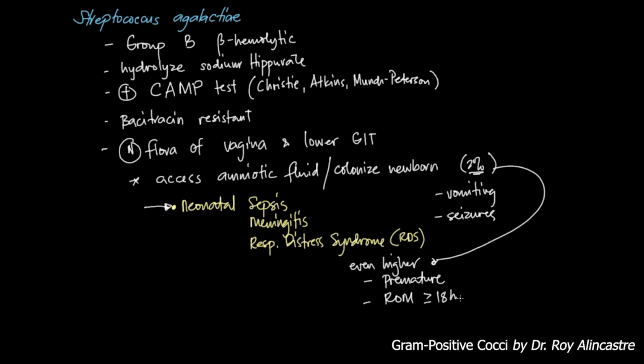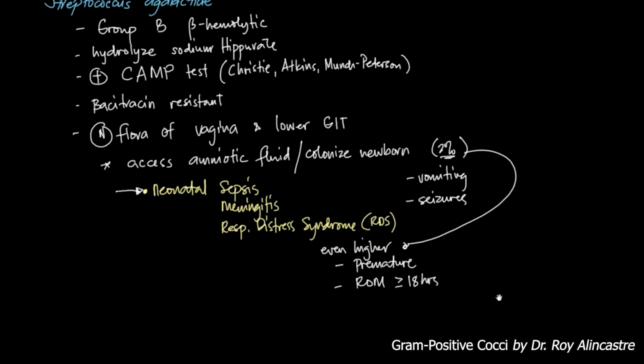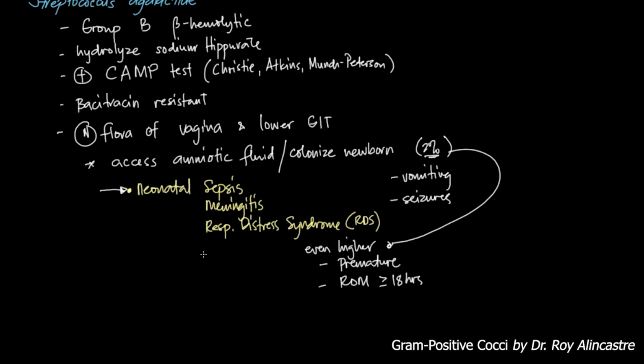So, in cases like this, it is prudent for the physician to make sure to cover for these organisms before and after delivery. Actually, there are already guidelines and recommendations that OBGYNs follow, like screening of pregnant women even before delivery, and IV penicillin or ampicillin 4 hours prior to delivery for those with colonization, no?